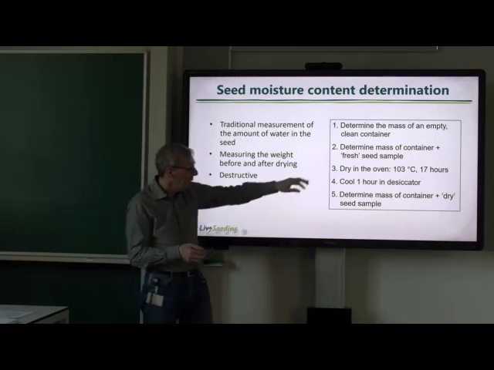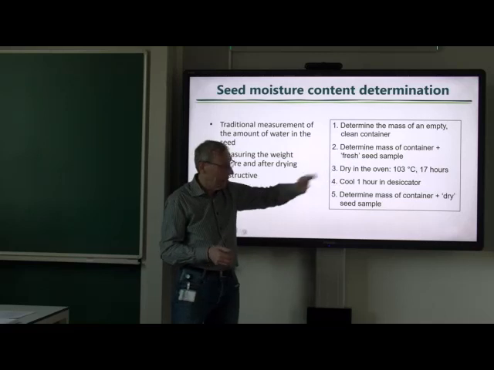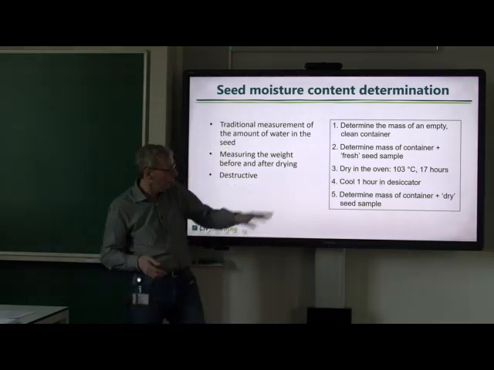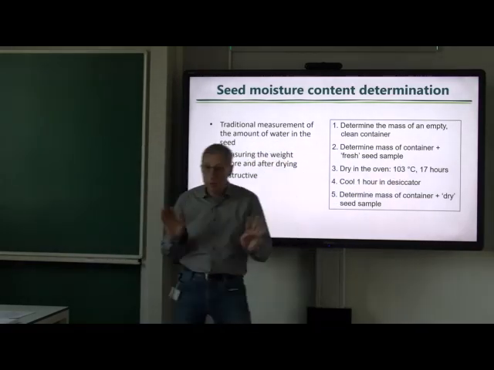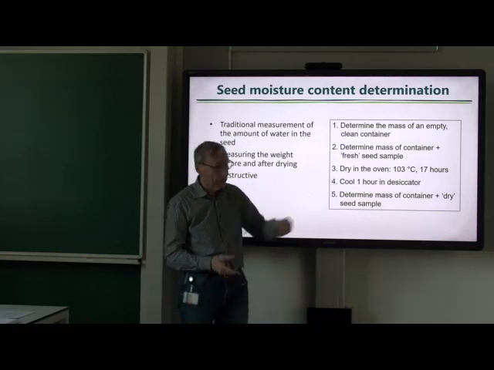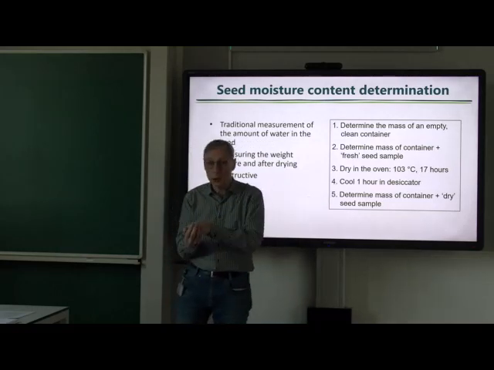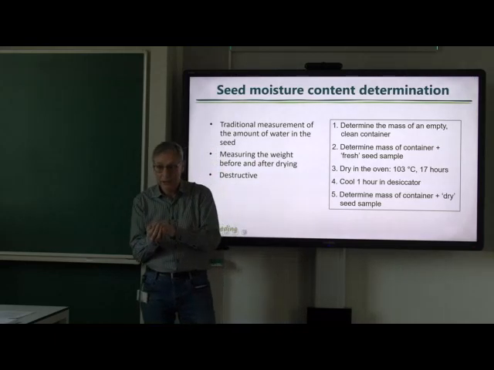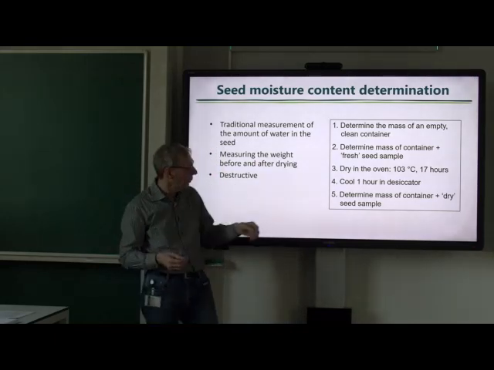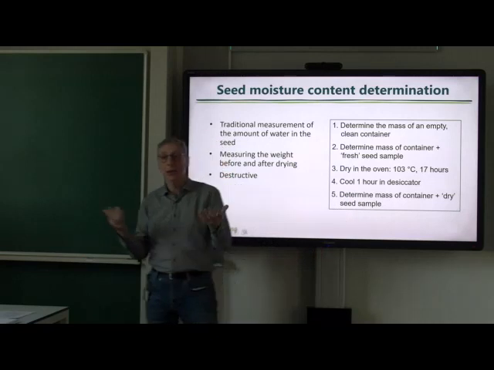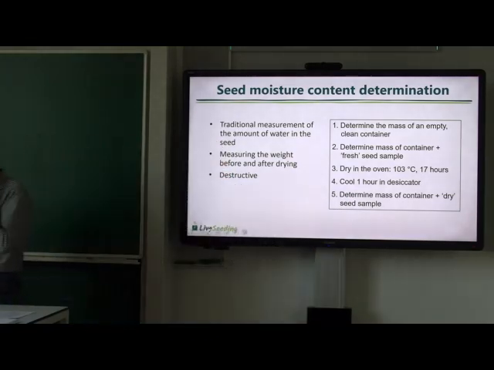You put it in the oven for a certain time, and officially it's 103 degrees and 17 hours. Then you take it out of the oven, you let it cool in such a way that it cannot reabsorb humidity from the air, and then you weigh again, and then you know the dry weight, and then you calculate it. This is also destructive.